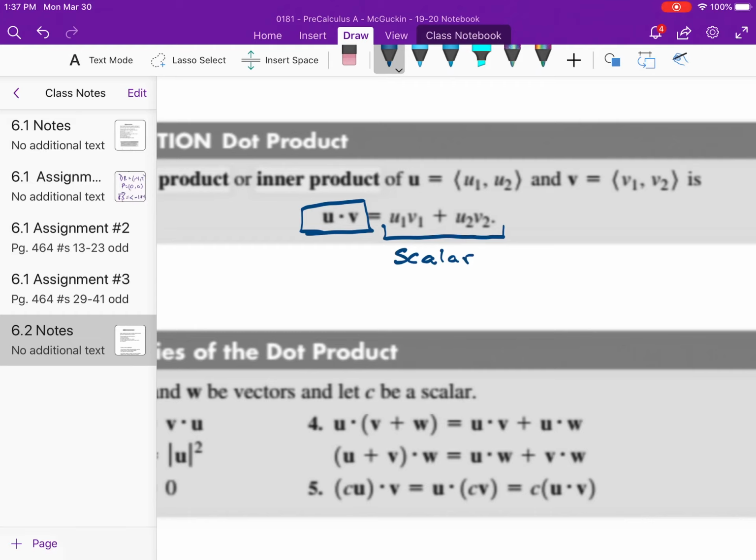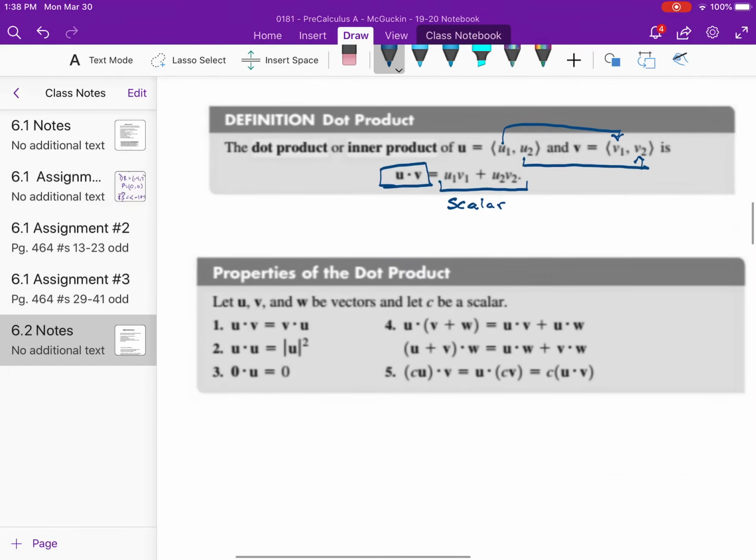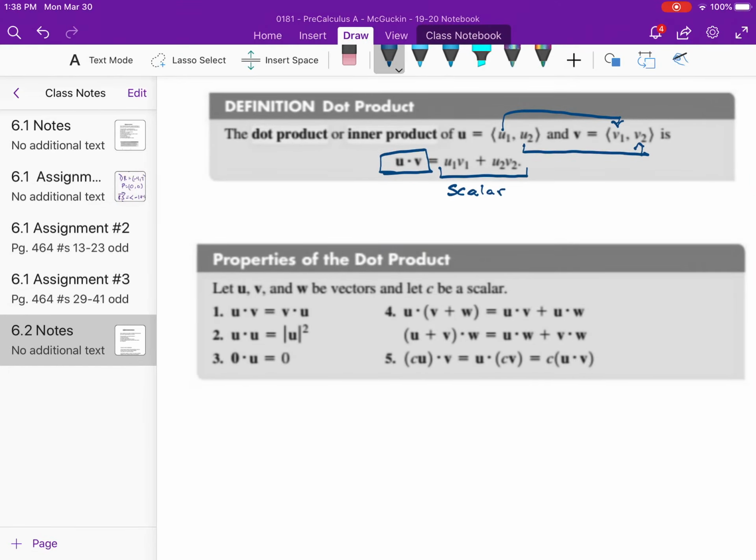When you are multiplying these dot products, you are taking the x components, multiplying them, plus the y components and multiplying them.